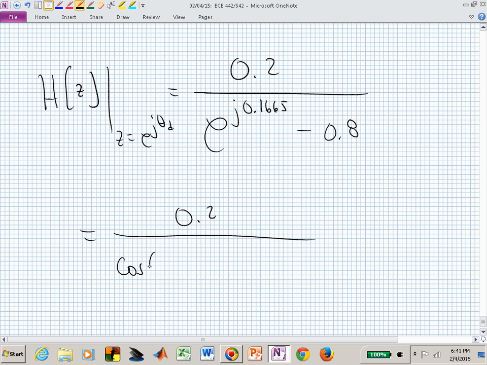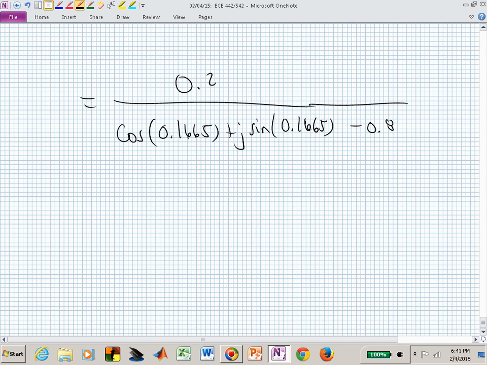We now have cosine of 0.1665 plus j sine. Cosine of 9 degrees is 0.9862. Sine of a small angle is approximately that angle, and that's what we're seeing.